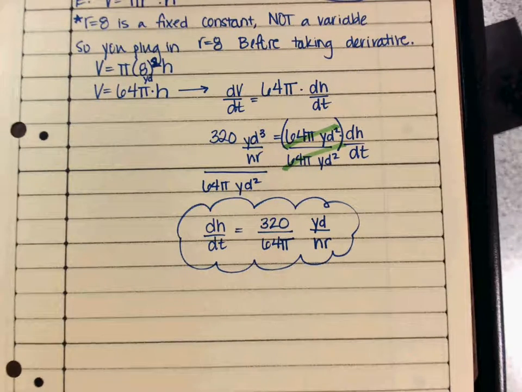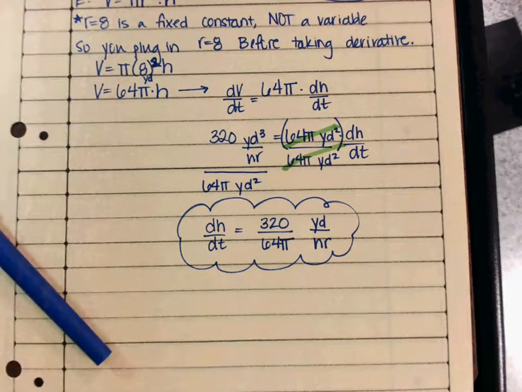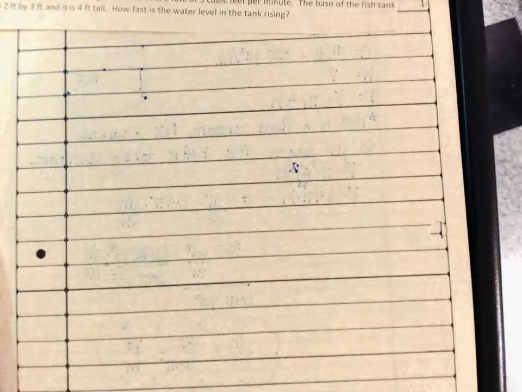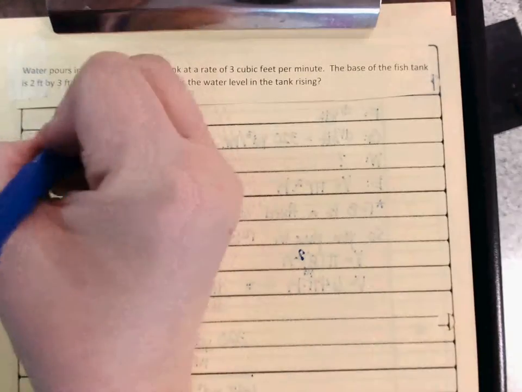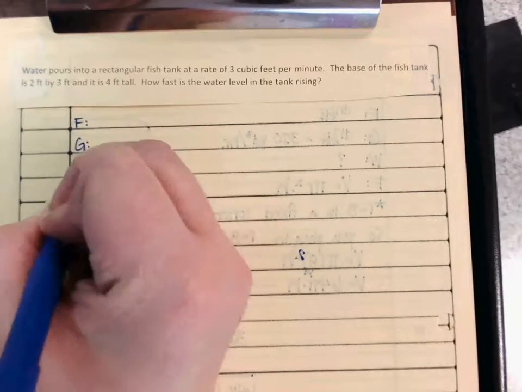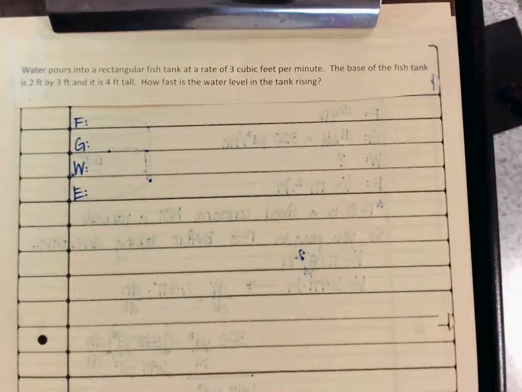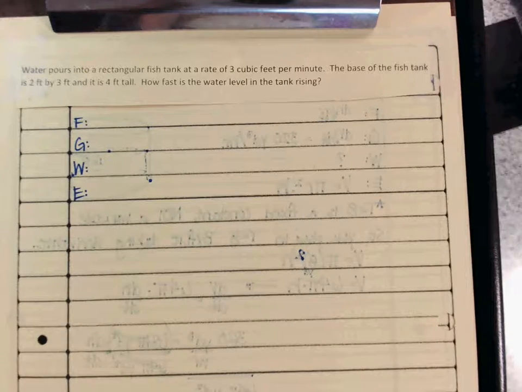Water pours into a fish tank. Okay, water pours into a rectangular fish tank at a rate of 3 cubic feet per minute.